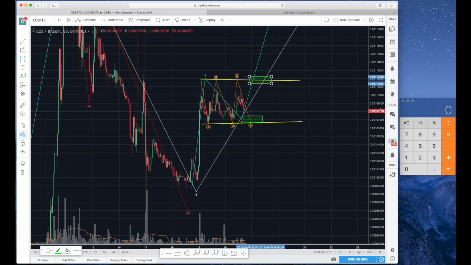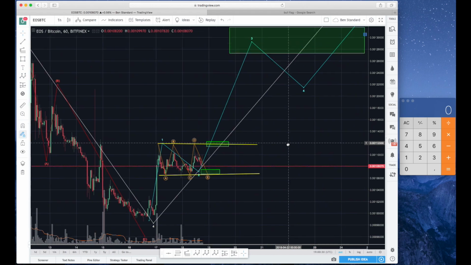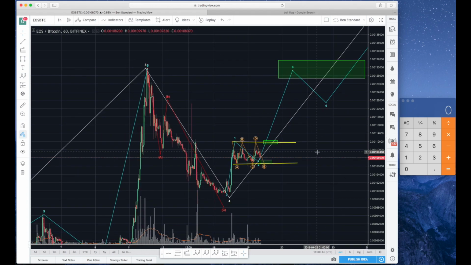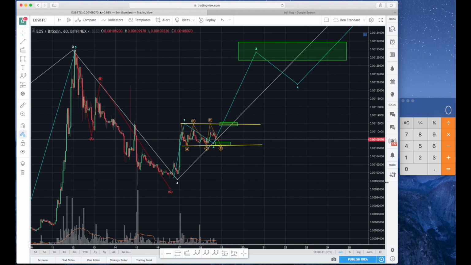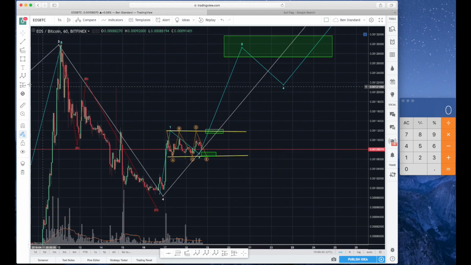But now that I know that we have the potential to go as high as this area right here, my risk to reward ratio will be much higher. So if I target this area right here, I'm gonna show you exactly what it looks like.